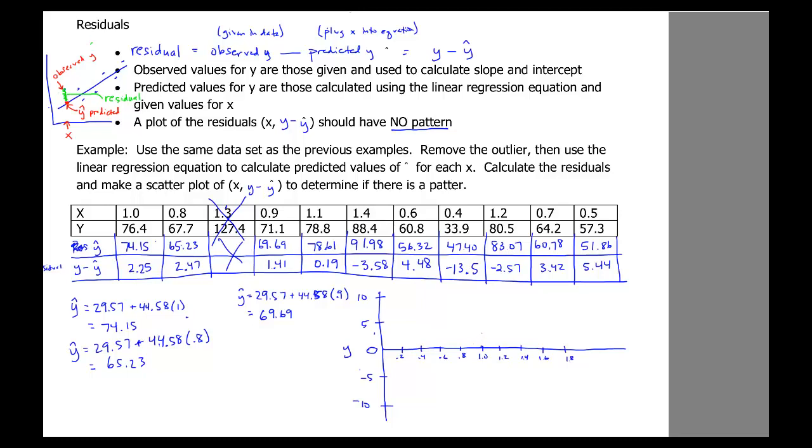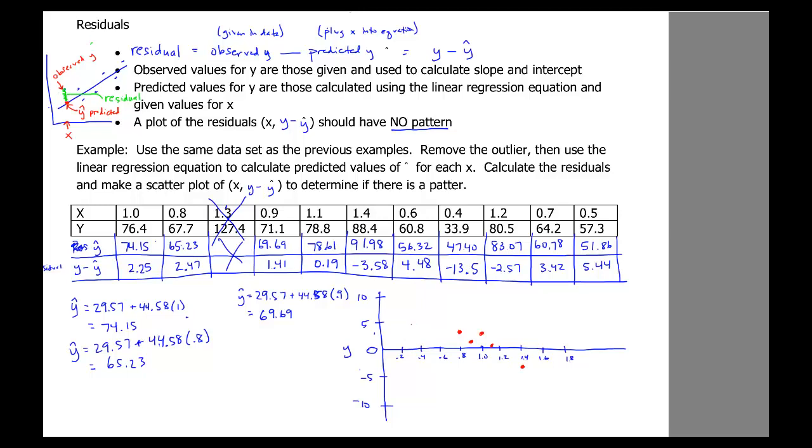So 1 and 2.25, somewhere around here. So for 0.8, we have 2.47. For 0.9 for x, we have 1.41. 1.1 and 0.19. 1.4 and negative 3.58, somewhere around there.